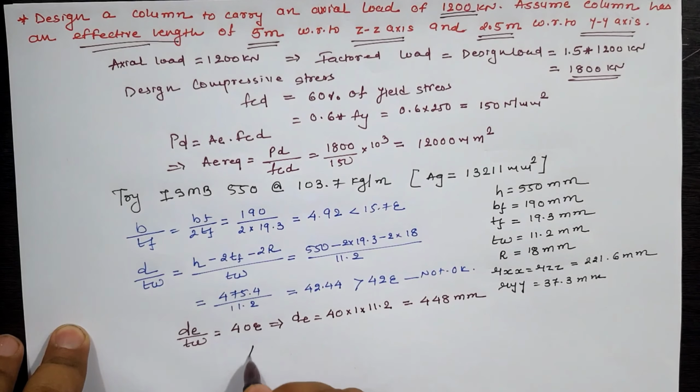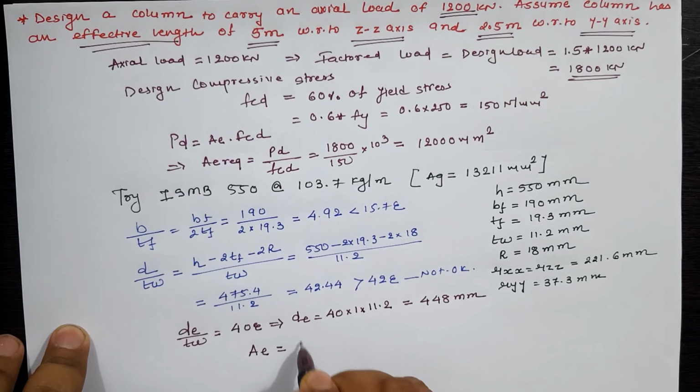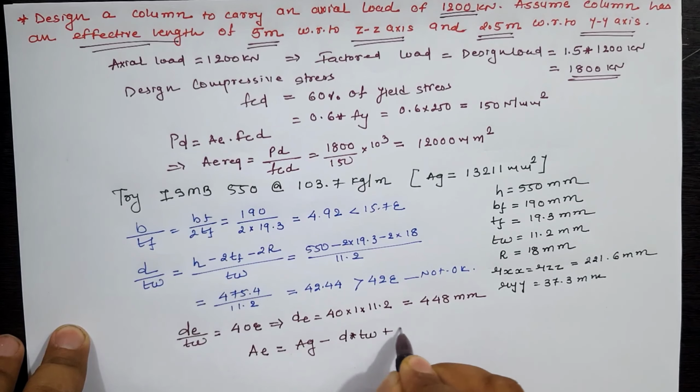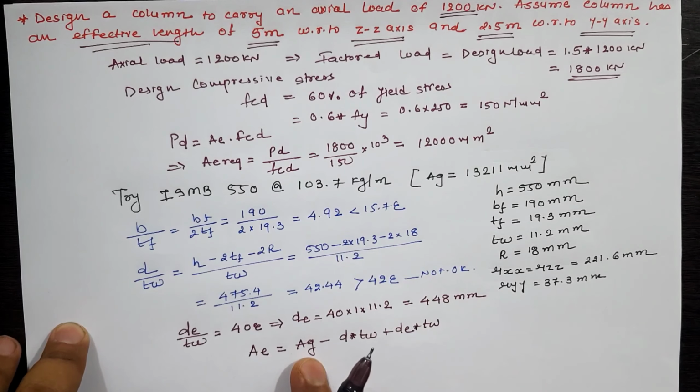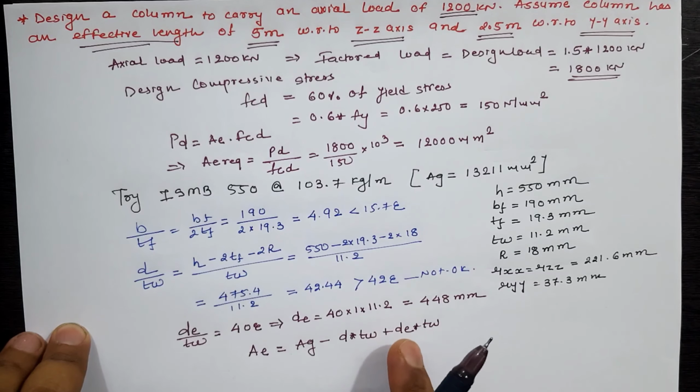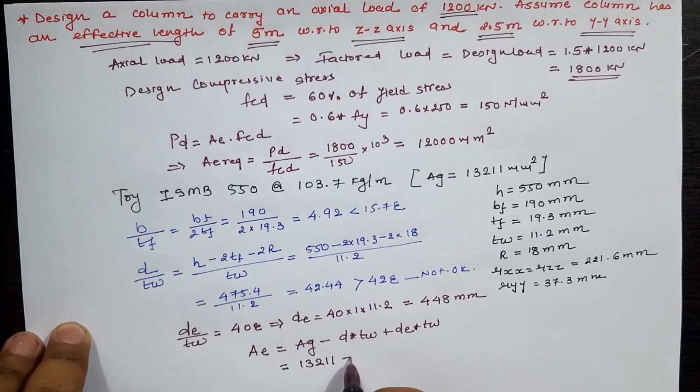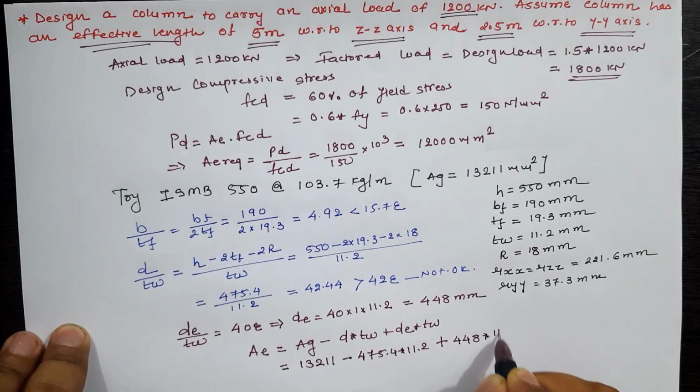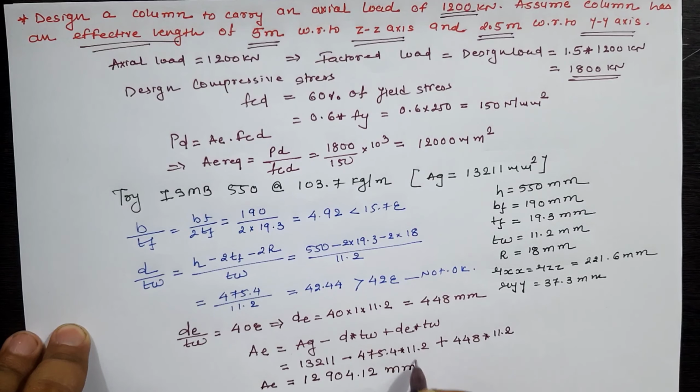Now we calculate the effective area from the equation: gross area minus the reduction of overall depth area, plus the addition of the area of effective depth, which is equal to 12904.12 mm square, which is greater than Ae required. It means it is okay.